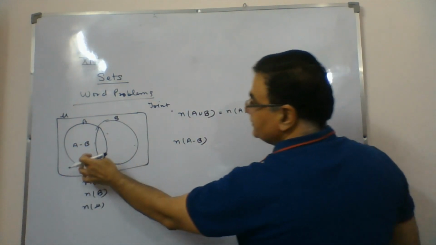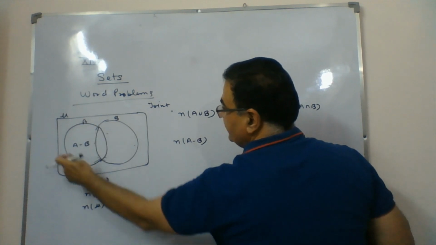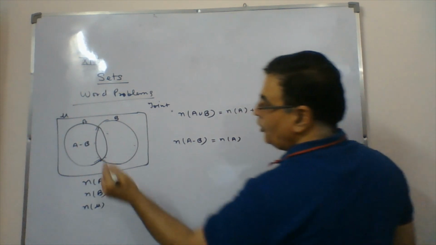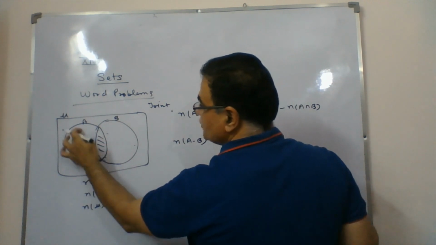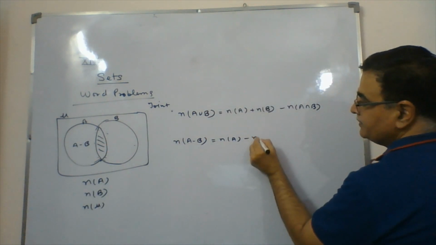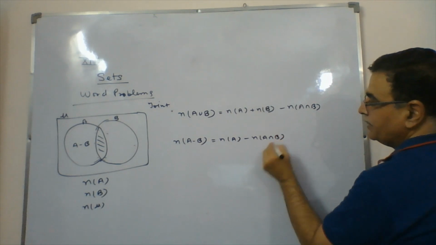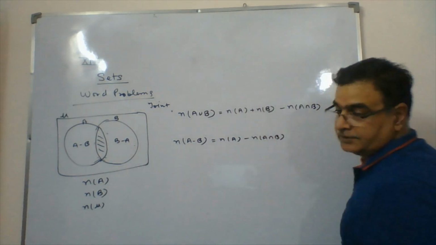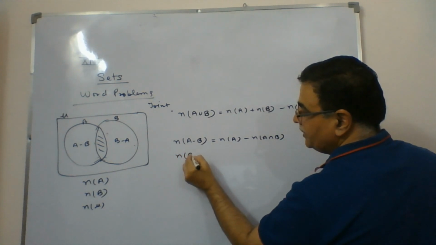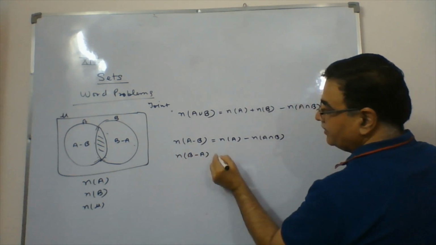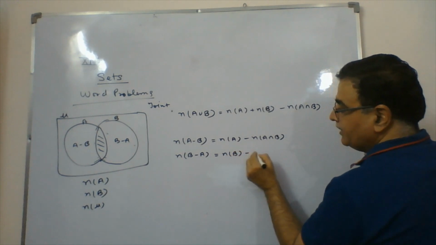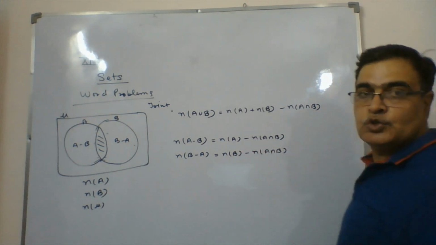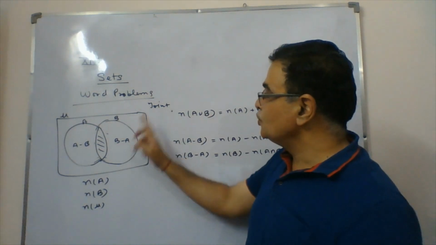If you want A minus B, first I take the number of elements in set A, and from this I subtract this part, so I get this portion. So minus n(A intersection B). Same way, if I say B minus A, then it will be n(B) minus n(A intersection B). So these are the results we should have for two joint sets.